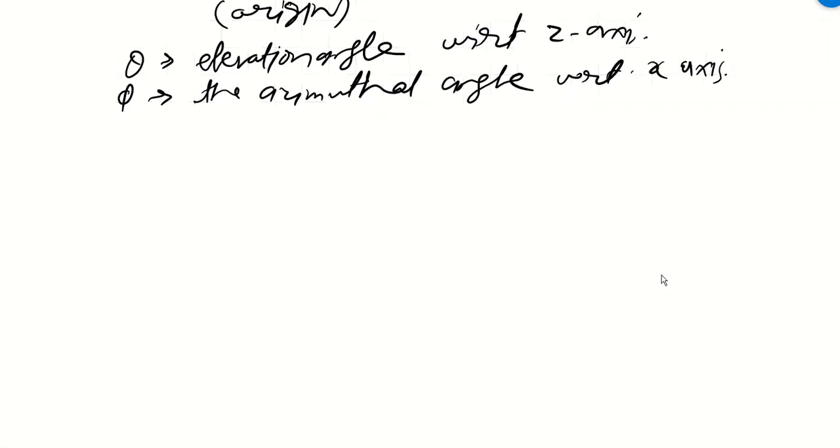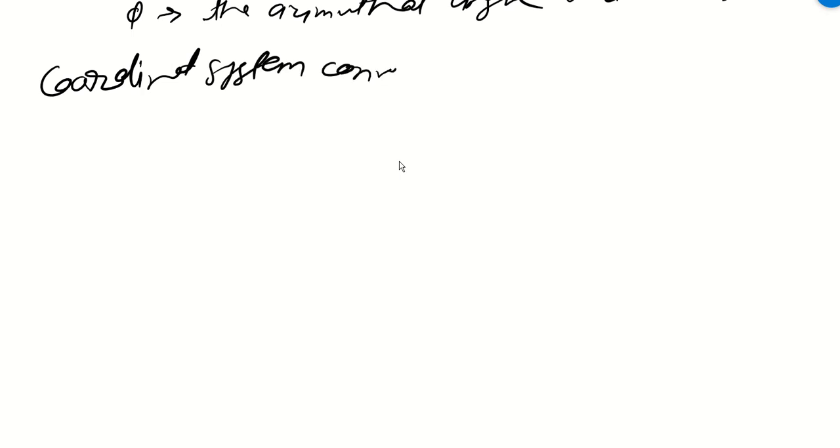Now the next topic, which is actually what is asked in GATE, is conversion from one coordinate system to another. So we will see coordinate system conversion. For this, I can directly take you to my design document, so it will be easier for you.